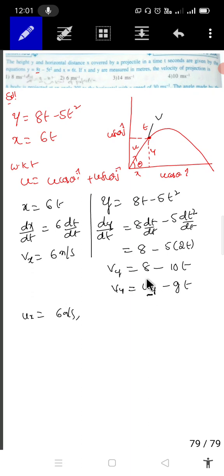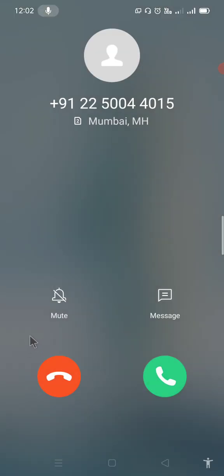So the initial vertical component of velocity is 8 meter per second only. This is the velocity after t seconds, but we need the velocity at the point of projection, so we consider the initial vertical component uy equals 8 only.